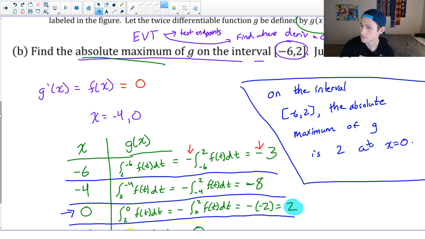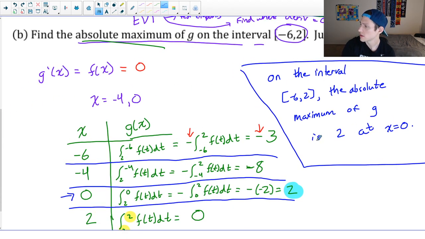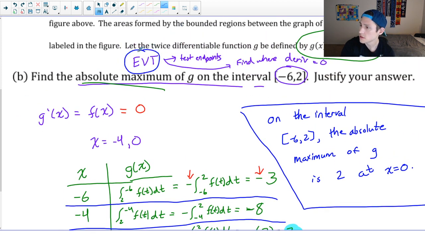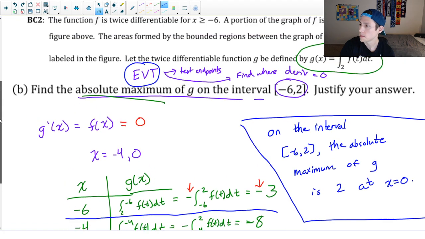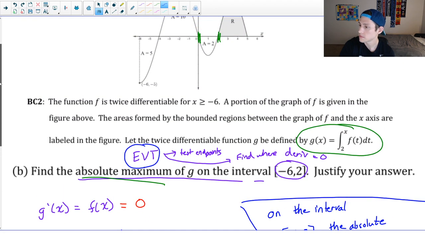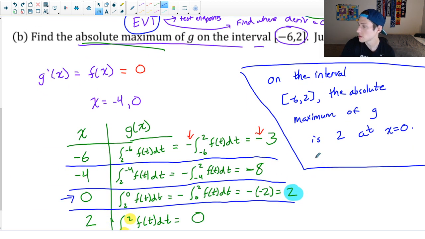Justify your answer. Okay, so actually let me add in a little bit of justification here. We already talked about what we used: we used the extreme value theorem. And since we know that g is twice differentiable, then we know g is continuous.